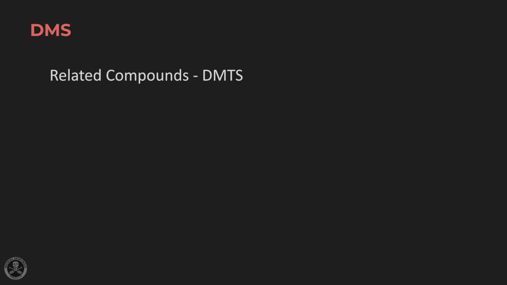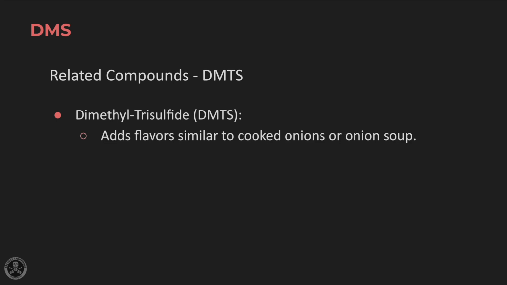There is a related compound to DMS in beer, and that is DMTS, which is short for dimethyl trisulfide. DMTS adds flavors and aromas similar to cooked onion or onion soup. These differ from mercaptans, which are more commonly known as thiols these days in brewing.